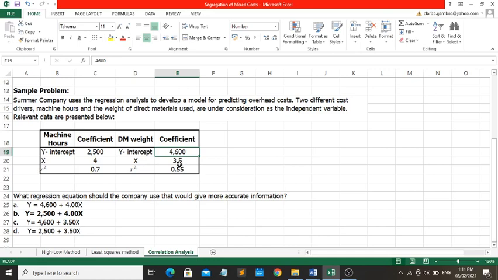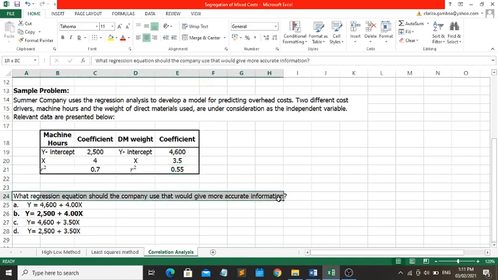Y-intercept is the A, okay, or the fixed cost. 4,600, x is 3.5, and 0.55 yung r squared.